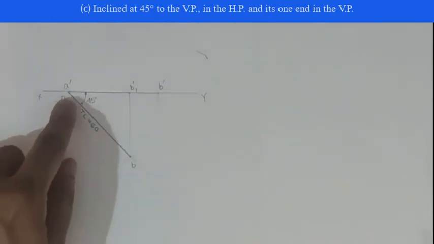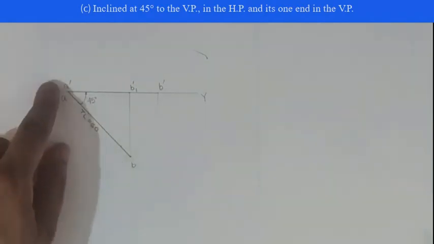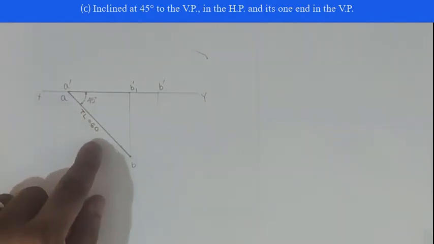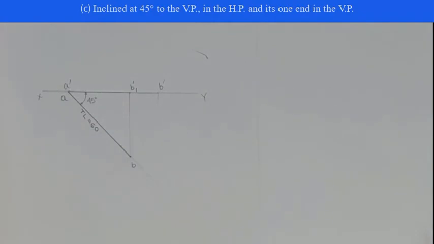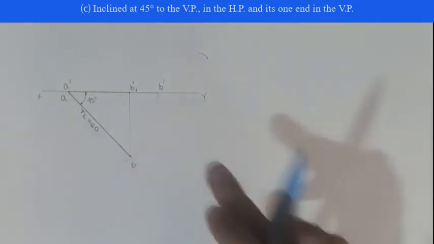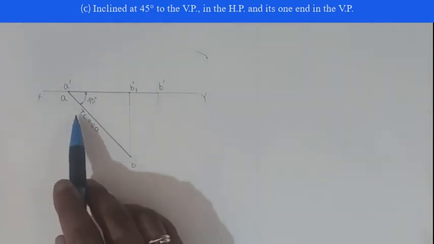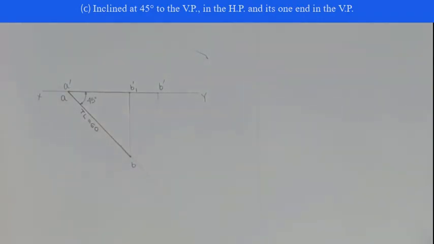So TL means this is the true length of the line, and true length TL is equal to 60. So ऐसे भी हम लोग लिख सकते हैं. We can either draw the dimension line or we can write directly TL is equal to 60.